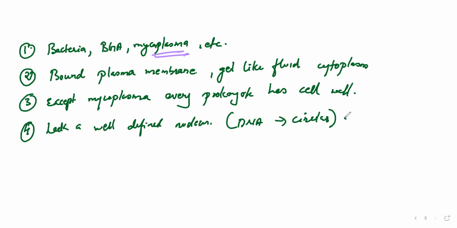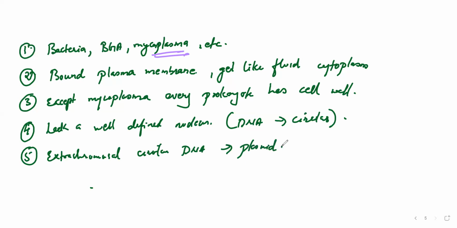Apart from this circular or naked DNA, it has one more thing called an extra chromosomal material, which is a circular DNA, called plasmids.